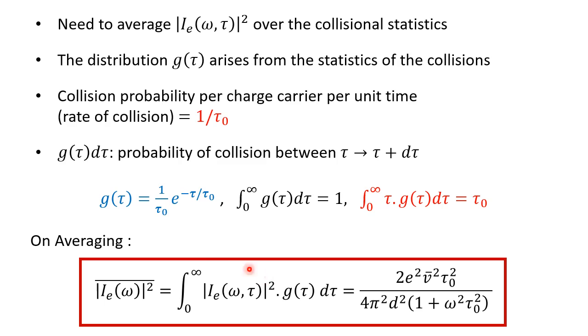I have done this multiplied by g of tau, and what I get is basically a form like this. So now remember that almost everything else, E square, V bar square, D square, and 1 plus omega square tau naught square was already arising out of the I omega tau. It's this tau naught square that has slipped in because of what we have now done.